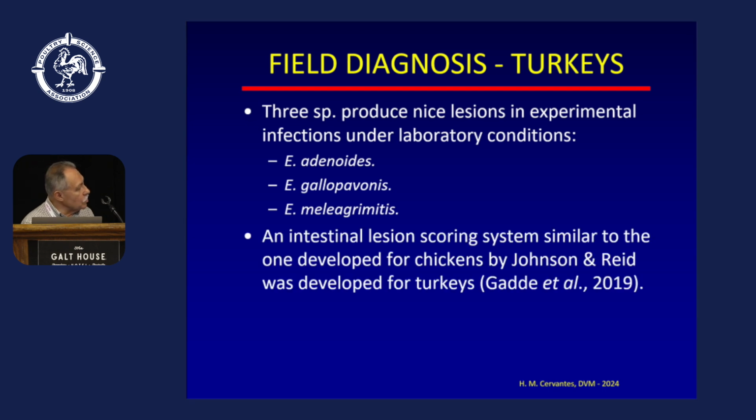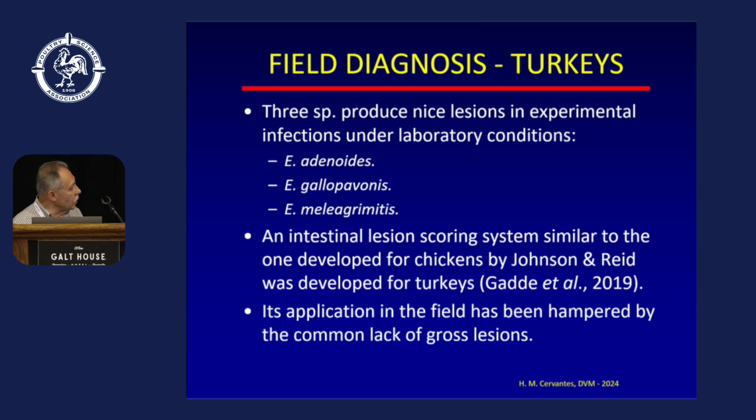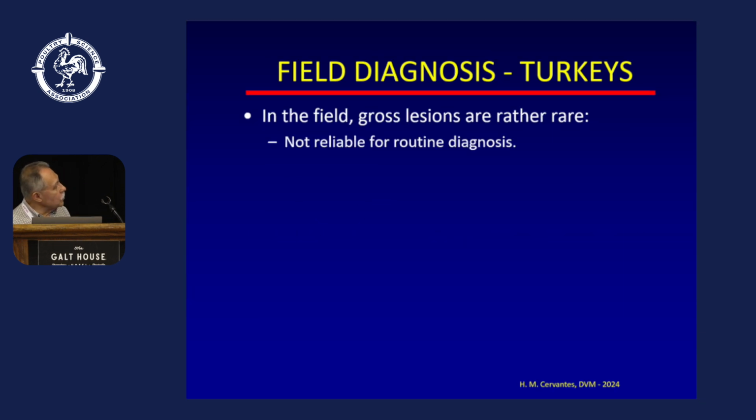An intestinal lesion scoring system similar to the one developed by Johnson and Reed in 1970 was developed for turkeys by Gatti and co-workers and published in 2019. However, its application in the field has been hampered by the common lack of gross lesions in turkeys. So how do we diagnose coccidiosis in turkeys?